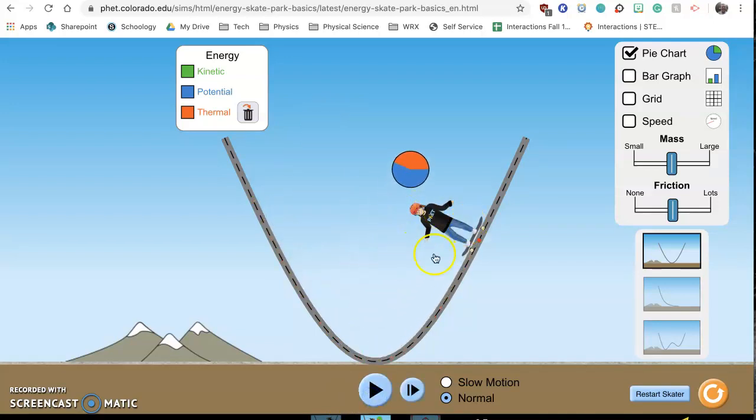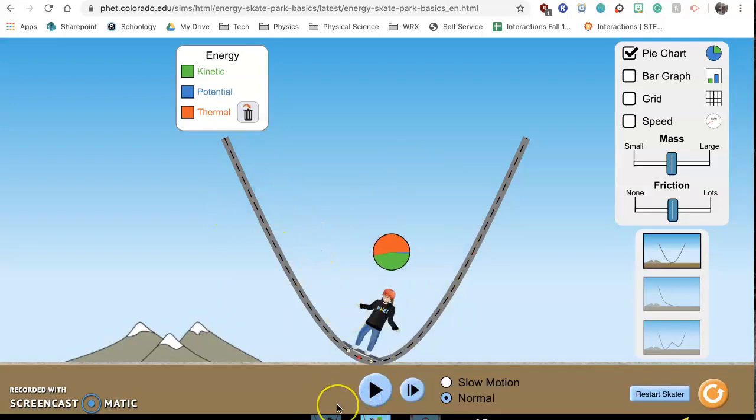I've gone one more sort of lap around the track, if you will. I have that much more heat energy. So I am transforming energy back and forth between kinetic and potential, but also because friction is present, I have some heat being formed as well. So things don't go on forever because we have friction in the real world. Heat sort of escapes, and it's just something else to think about.